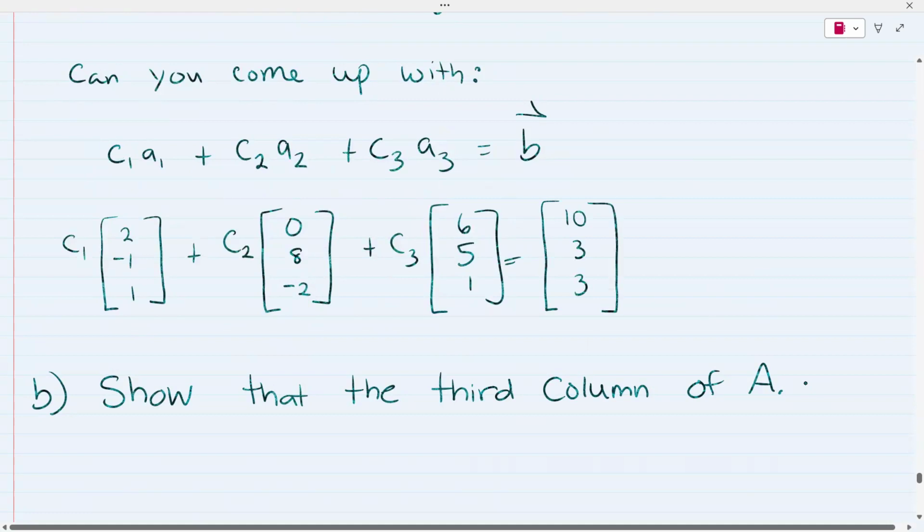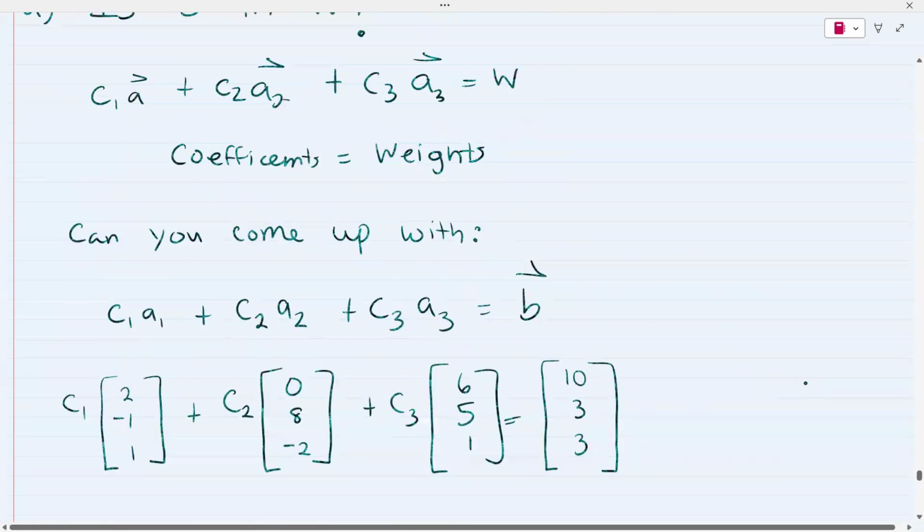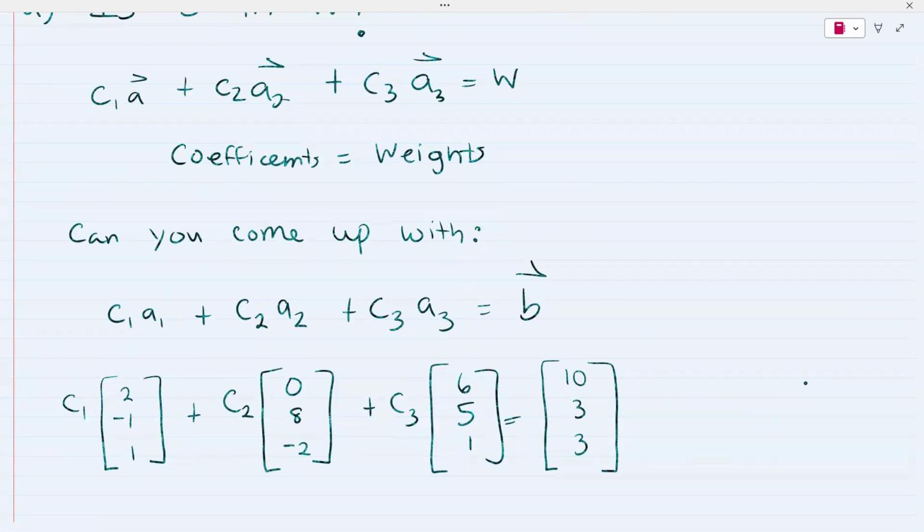Okay. So we're going to have to do some row operations. So now, how do we do this? We use matrices, right?